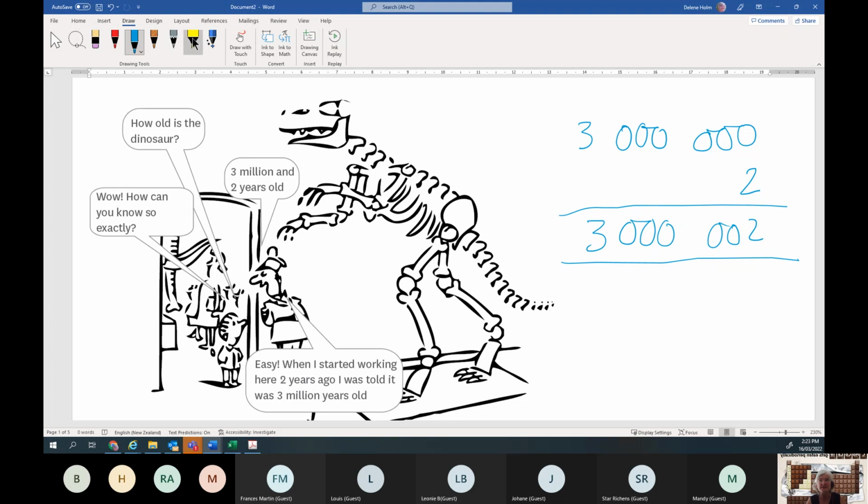So what we've got here is what we talk about in terms of significant figures. We're saying that number has a value, but all the zeros after that could be approximations. So is it 3 million or is it 3.5 million or what is it? It's approximately 3 million years old. So the only figure that we can put some value on is that first number 3, and we can't consider the rest.